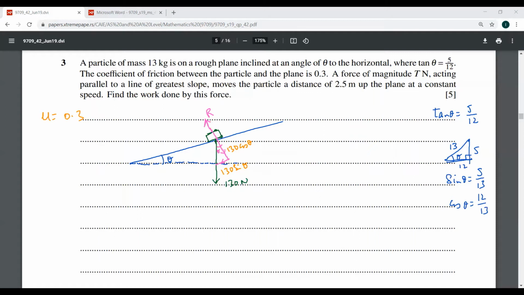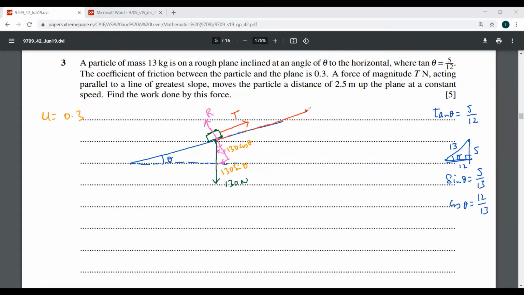A force of magnitude T newtons acting parallel to the greatest slope moves the particle a distance of 2.5 meters up the plane at a constant speed. So here is a force which is T newtons over here. This has moved this up the plane.